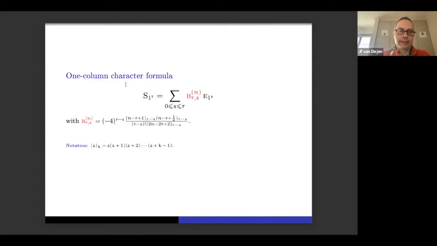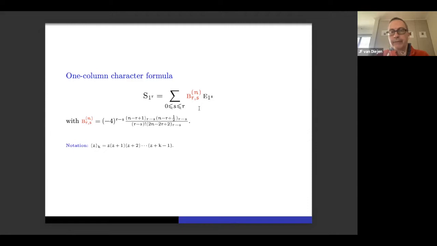This is the one column character formula in type B. So we had to expand the fundamental representations, the characters, in terms of these polynomials. And in general, I could only do this with this Gauss inversion, so it was a very big sum.